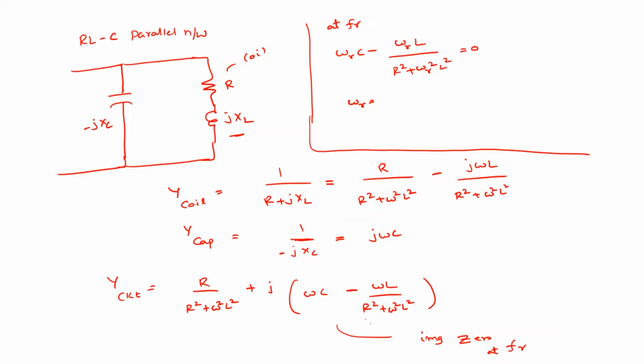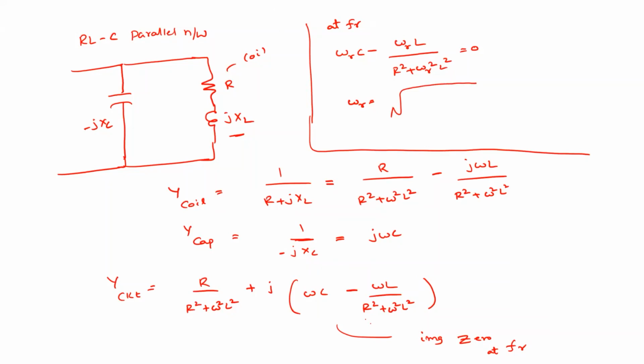Sir, omega R is root of L cube by... minus R L square by C L square.